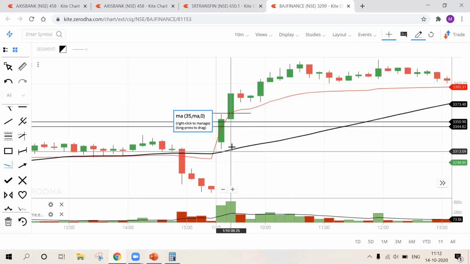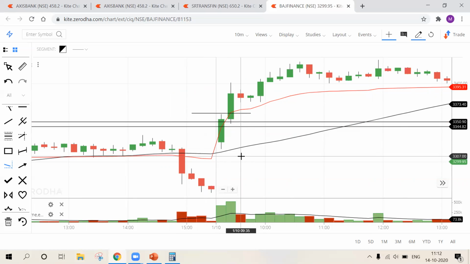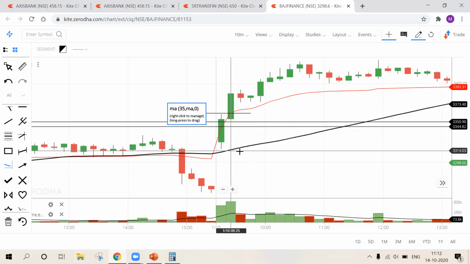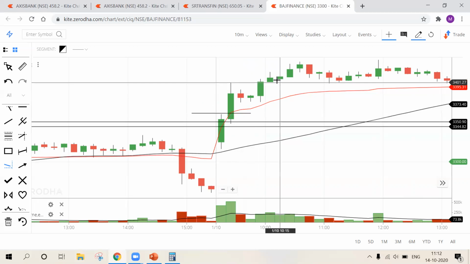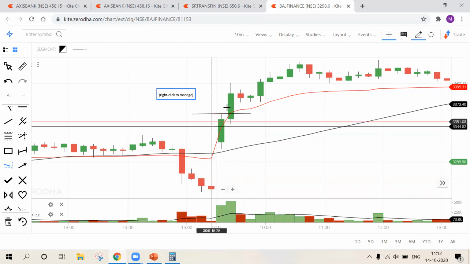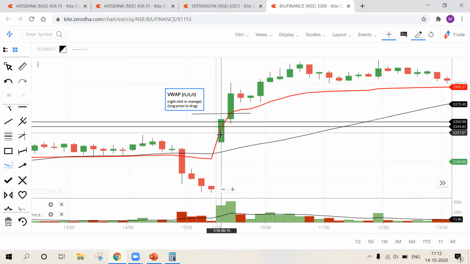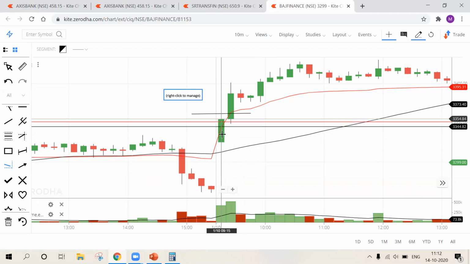And moving average, 35 moving average. 35 moving average tells us short-term trend. So 35 moving average is also asking us to make buy position because candles are above 35 moving average. So we have got four confirmations, and look at volumes. Volumes at the breakout. You need to look for volumes for breakout candle and also for confirmation candle.